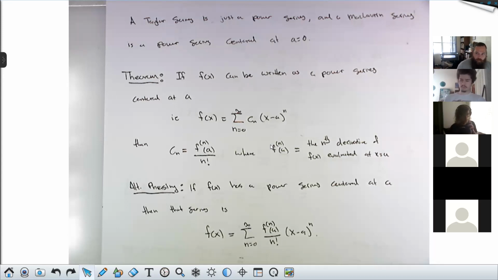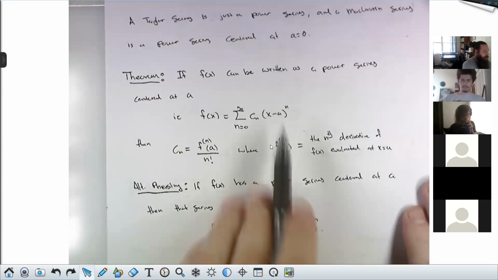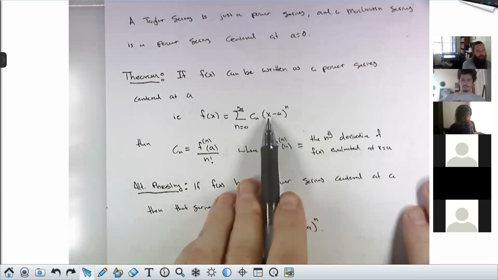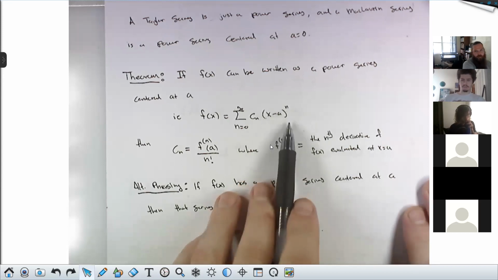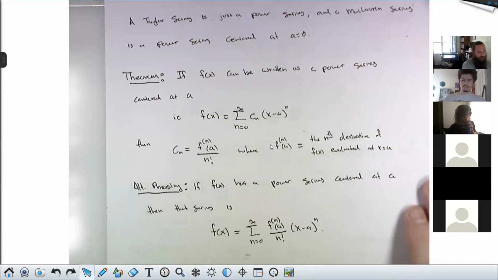I would like to give you some idea of why this theorem is true, because it is so earth-shattering and working with it is so important. A Maclaurin series, remember, is just a case where a is equal to 0. So instead of (x minus 2) to the n or whatever, you just have x to the n.